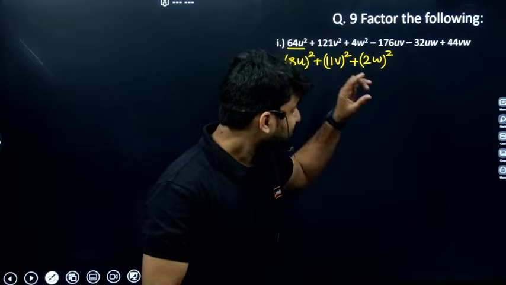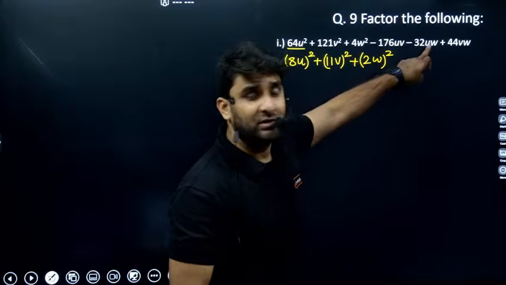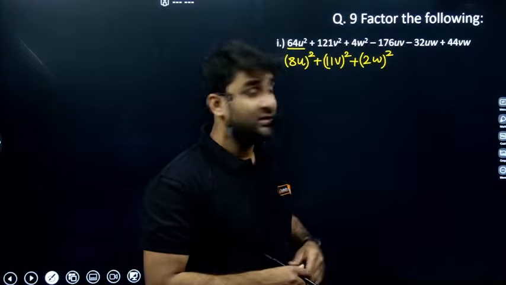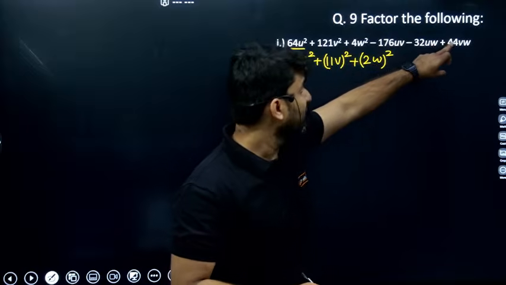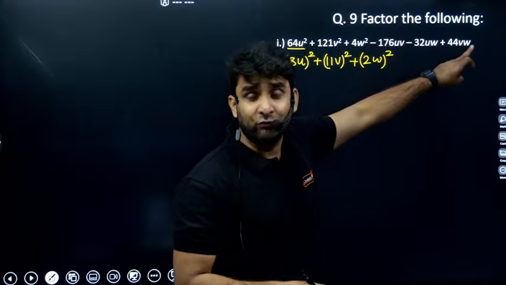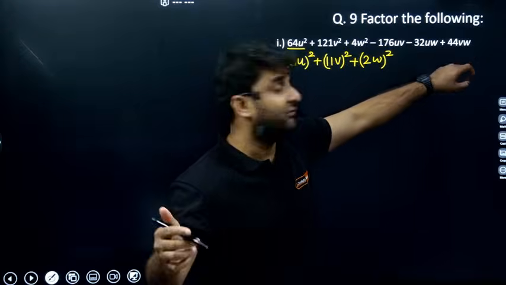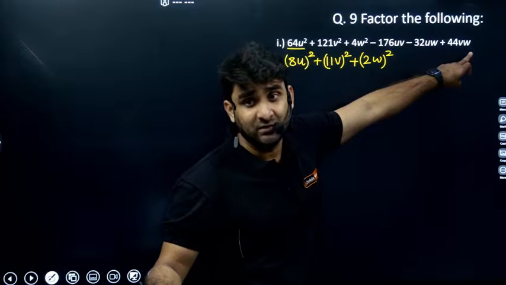Listen everyone. Wherever u is there, in this family u is negative. Here u is also negative. w is not leaving any kind of impact, because if w or v would have become negative, this term should also be negative. But it is not like that.